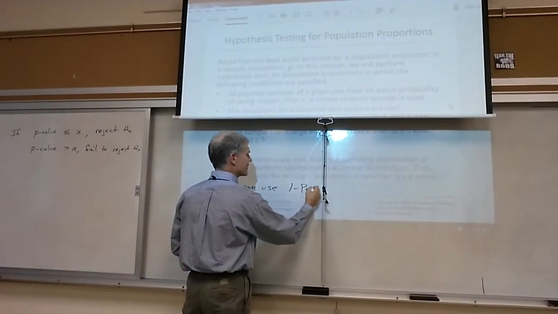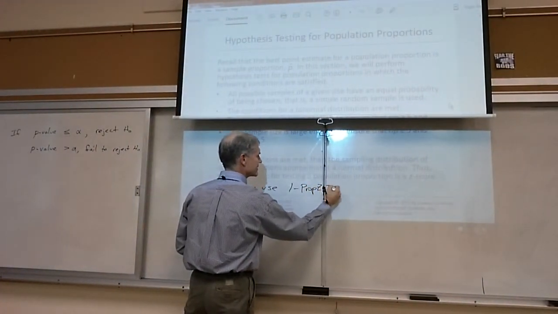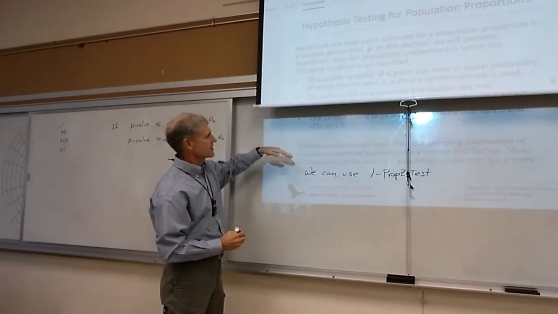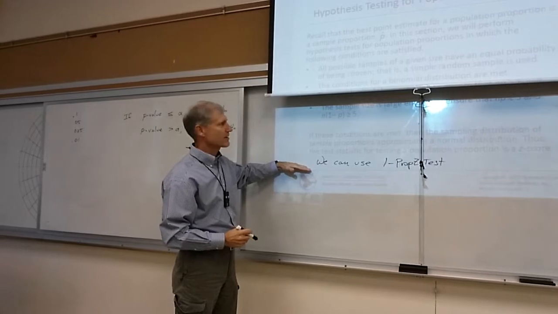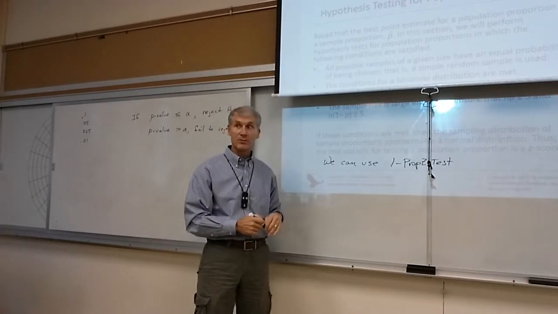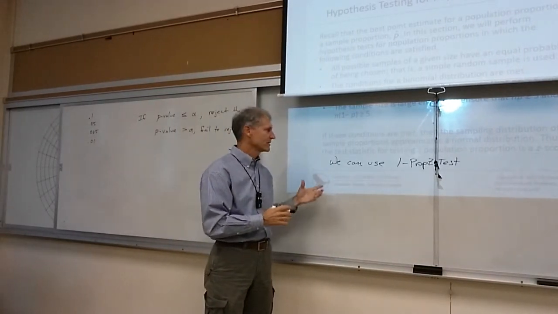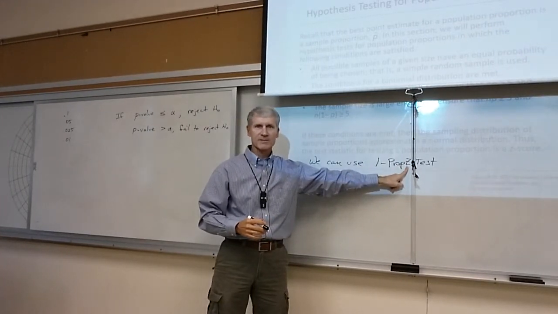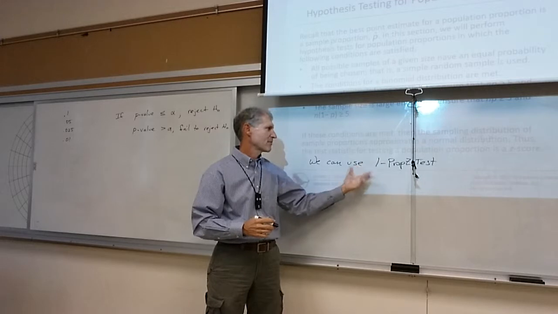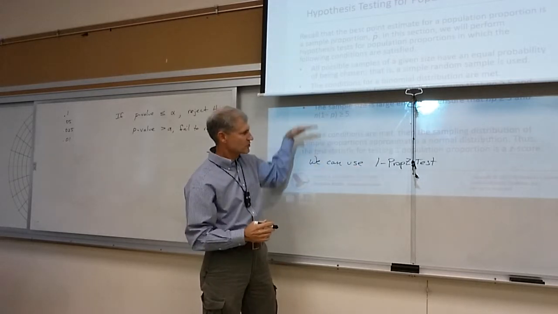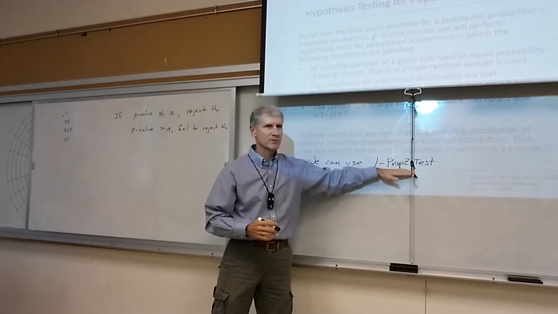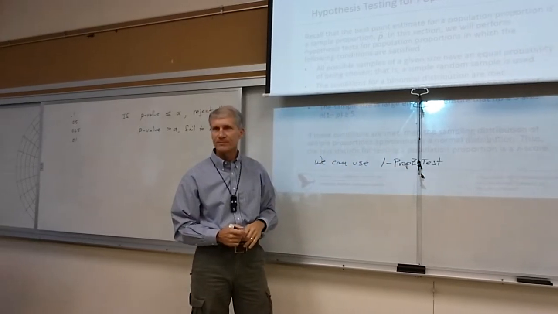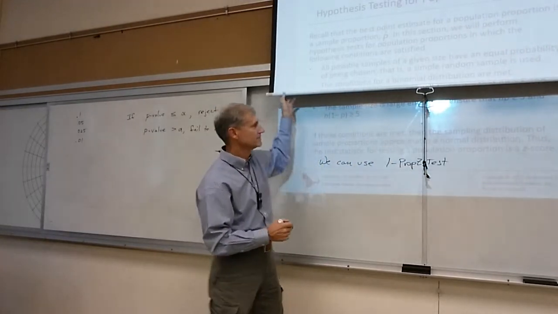So if all of these things are met, then we can use this. That step of determine the correct distribution is telling me Z for normal. But you have to assure yourself that you can use the one prop Z test by seeing that the assumptions are met. That's all they're getting at there.